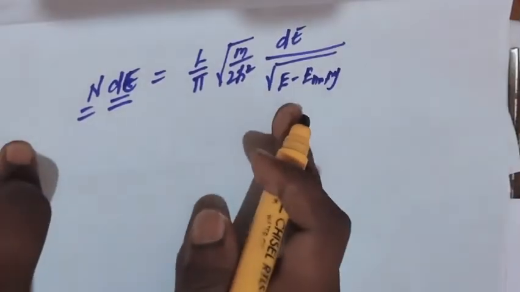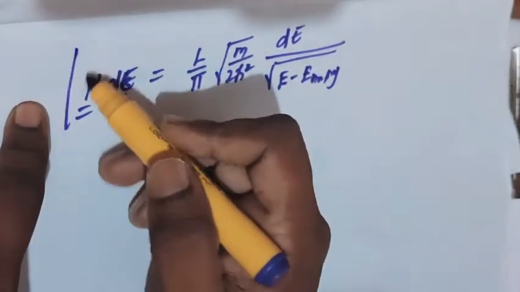So this is the density of states allowed for the electron. You can just make sure.